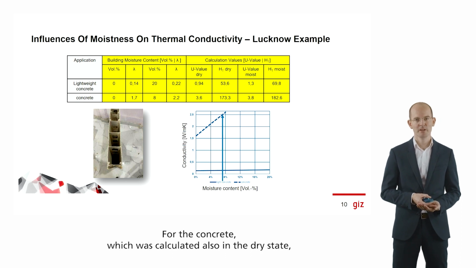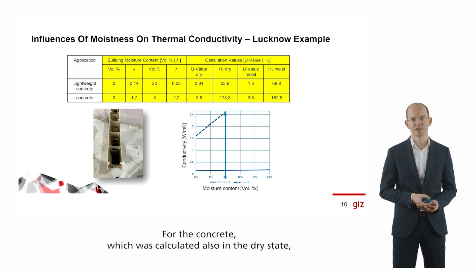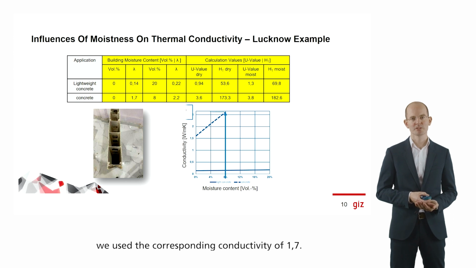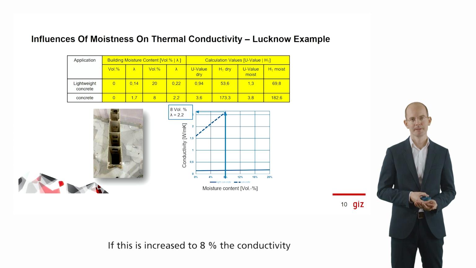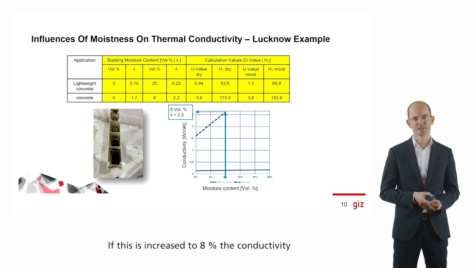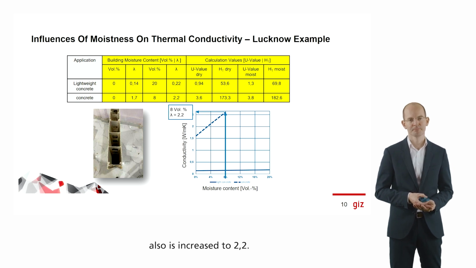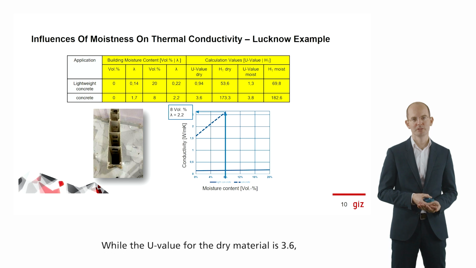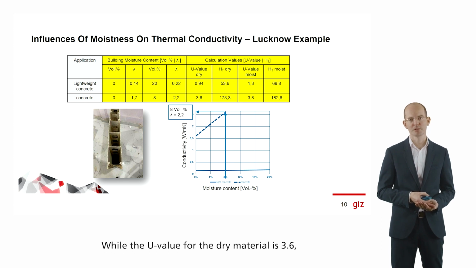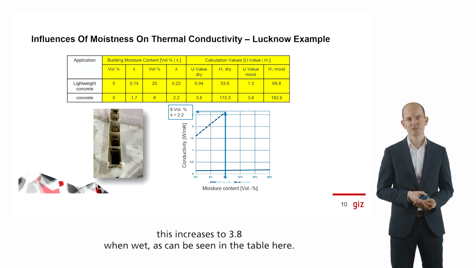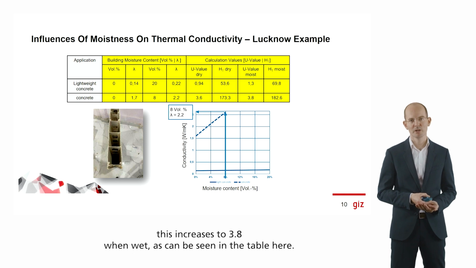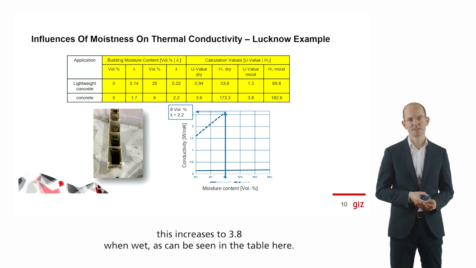For the concrete, which was calculated also in the dry state, we used the corresponding conductivity of 1.7. If this is increased to 8%, the conductivity also is increased to 2.2. While the U value for the dry material is 3.6, this increases to 3.8 when wet, as you can see in the table here.